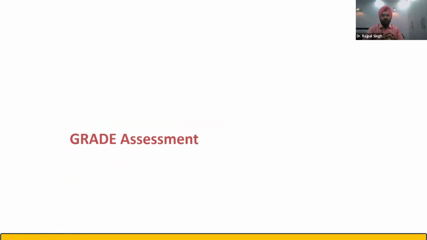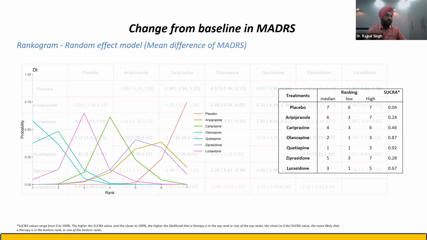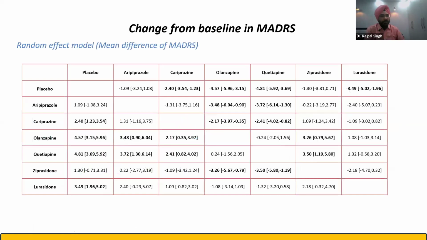This is how we conduct a network meta-analysis. Any questions? Now what happened in the pharma world around 10 years back: physicians again raised that, okay, it's fine that you have these rankograms and forest plots, we can understand them better now. But what is the quality of this data in this league table?